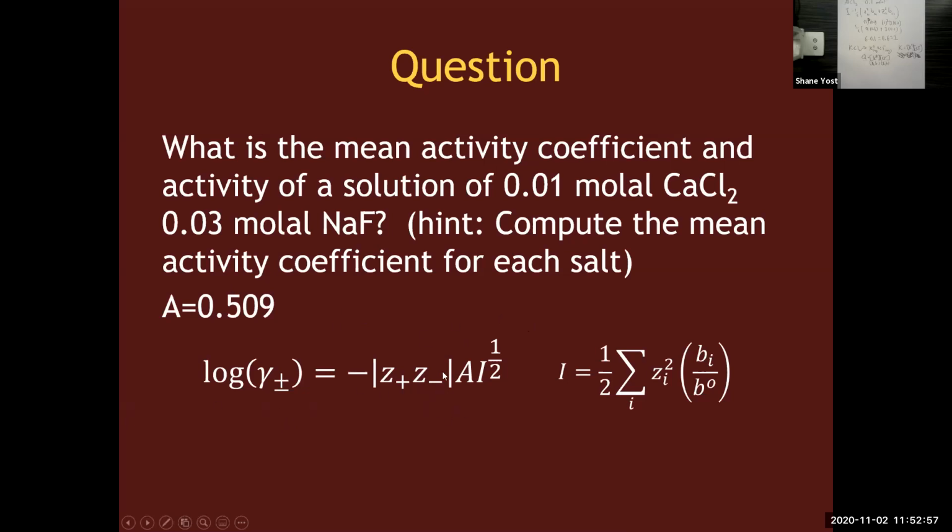The Debye-Hückel limiting law is given, but the ionic strength equation is not. The equation to calculate gamma plus or minus, the mean activity coefficient, is given. I find it strange that they give half of the relevant equations, but that is what it is.